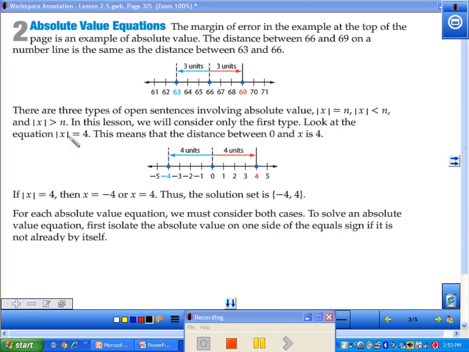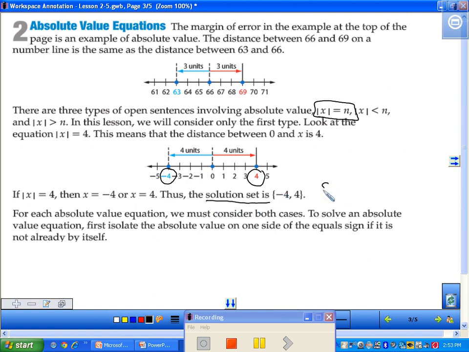Look at the equation, absolute value of x equals 4. We're only going to deal with this part in this lesson. This simply means that the distance between 0 and x is 4. So x can be negative 4 or 4, and thus this is a solution set.